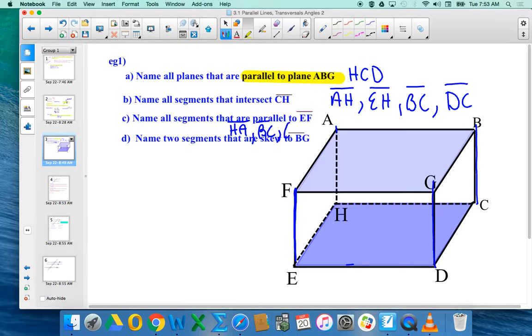Alright, good. Well done. Next it says name two segments that are skew to BG.